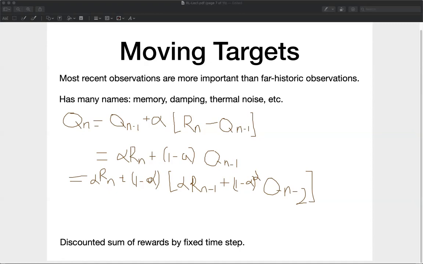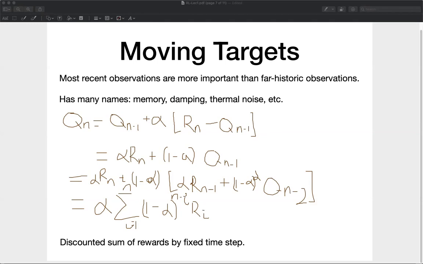Okay, so if you keep on going recursively, you're going to get a term that looks like this. You're going to say alpha, the sum over i equals 1 to n, all the n previous terms, and it's going to be (1 minus alpha) to the n minus i, r_i. Does that make sense?